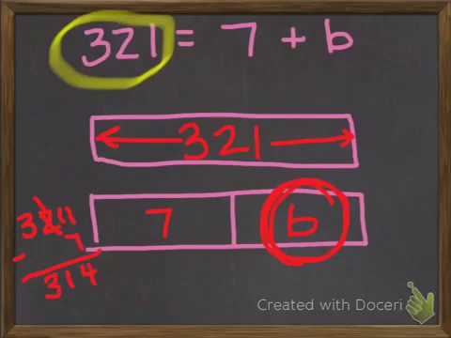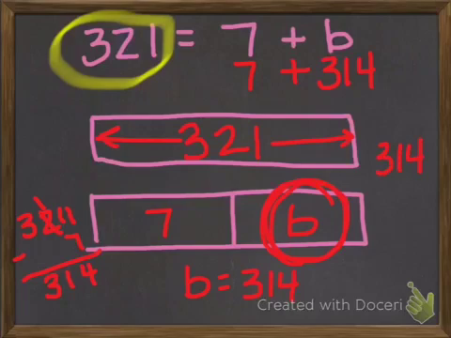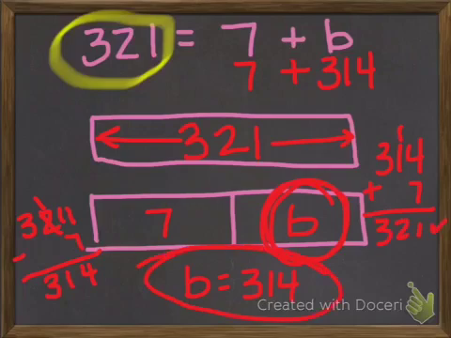And we find that 321 minus 7 is 314. So b equals 314. We can simply check 7 plus 314 to see if we're correct. 314 plus 7 equals 321. So we are correct. b equals 314 is our answer.